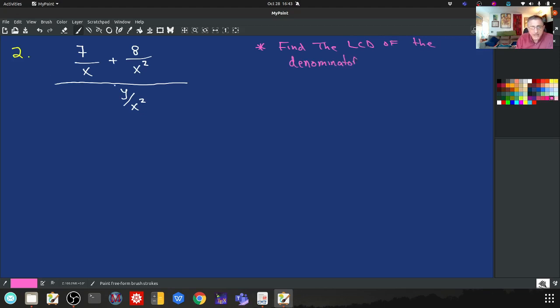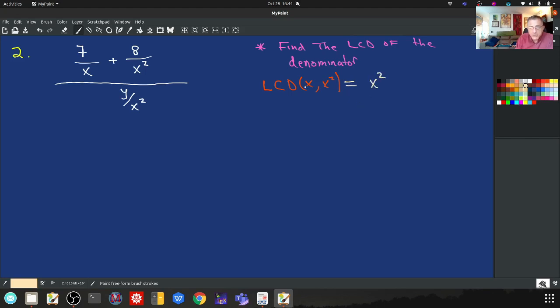And by that I mean the denominators in the top expression and the denominator in the bottom expression. So I'm literally looking for the LCD of x and x squared. And I'm hoping you are fine with saying that is just x squared.